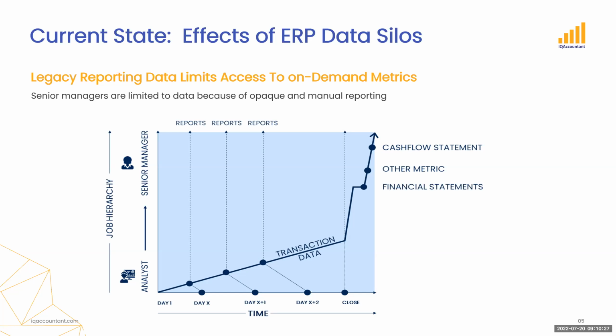So what happens as a result of these data silos is we see reporting in terms of job hierarchy. If you look at this graph here, you see job hierarchy on the y-axis. Analysts are closer to the transaction data, and they can produce reports and push them up to senior managers. The impact of that is there could be a delay across the financial period of when those reports are available to senior managers.